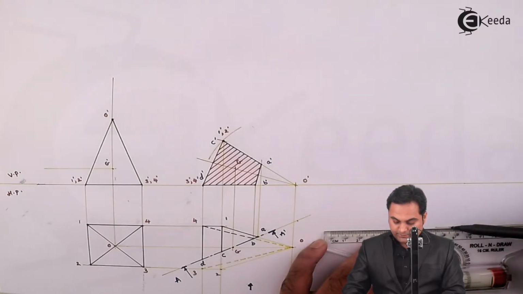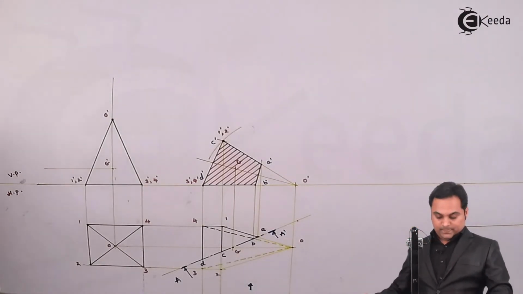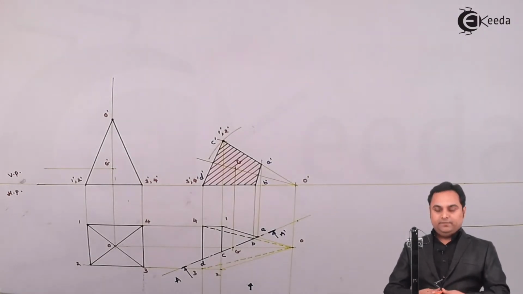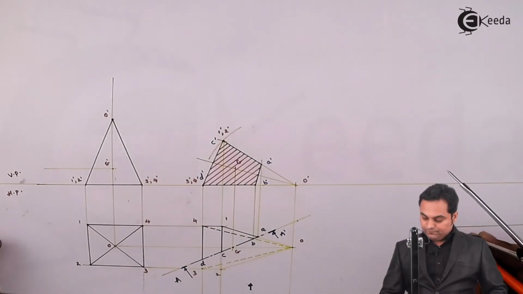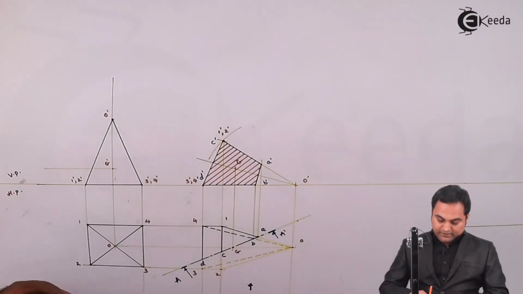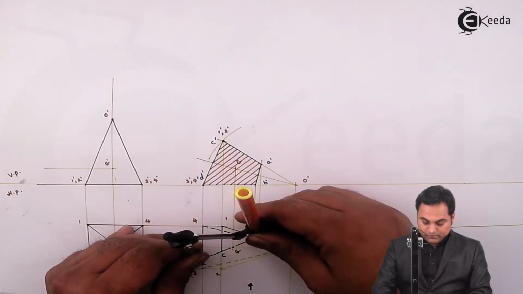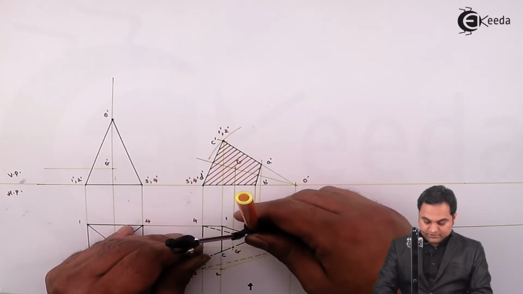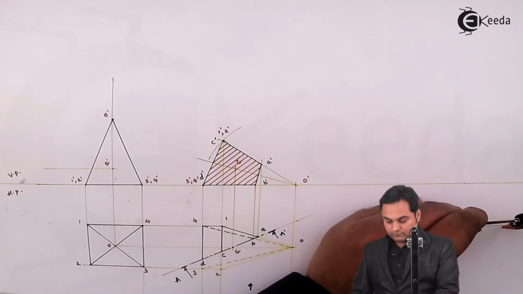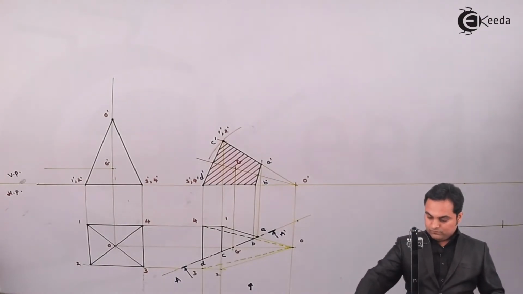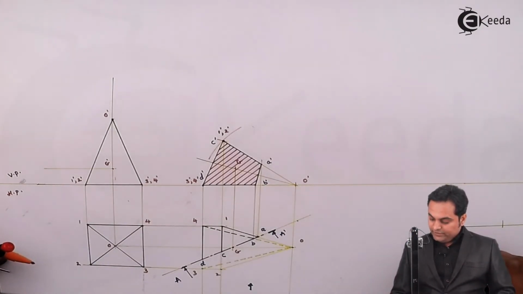Then, measuring the length of the cutting plane. The cutting plane is in contact between points D and A. So measuring this distance, here we have point D and this is point A.